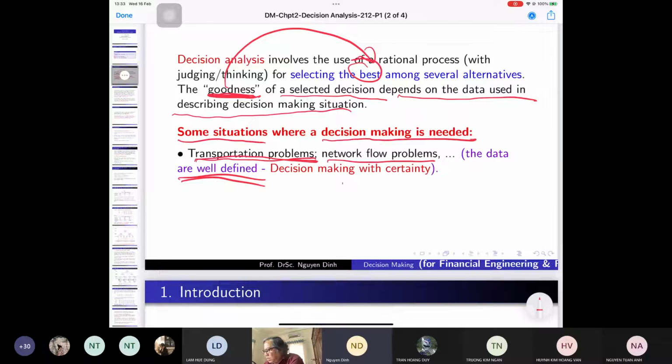These are cases where you can make a decision, but with certainty.